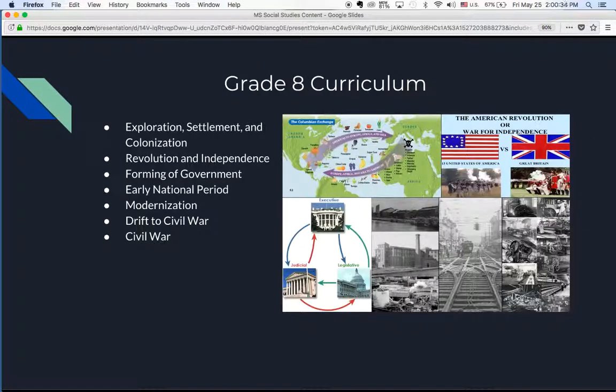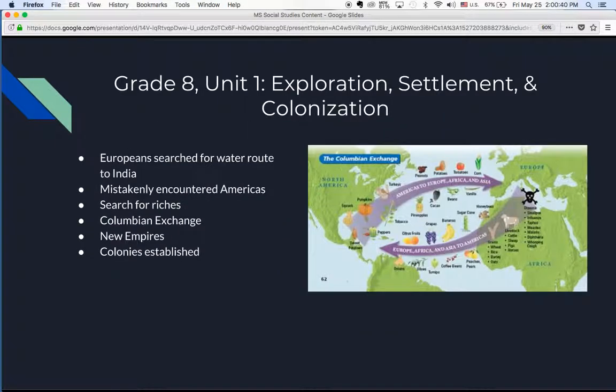The 8th grade curriculum focuses on United States history up until the Civil War. The first unit, as I already mentioned, begins where grade 7 leaves off with European contact with the Americas, and we quickly move past it and start looking at some of the systems that were developed because of this new interaction.